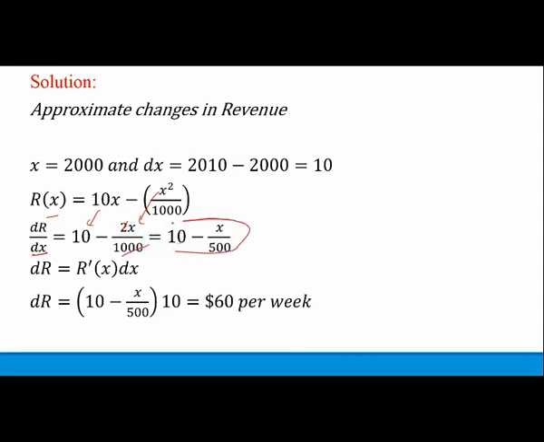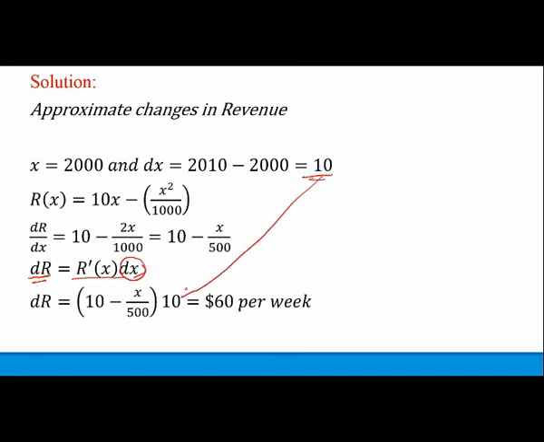This is dR per dx. For approximate changes, dR equals R prime x multiplied by dx. You know that dx, the difference, is 10.